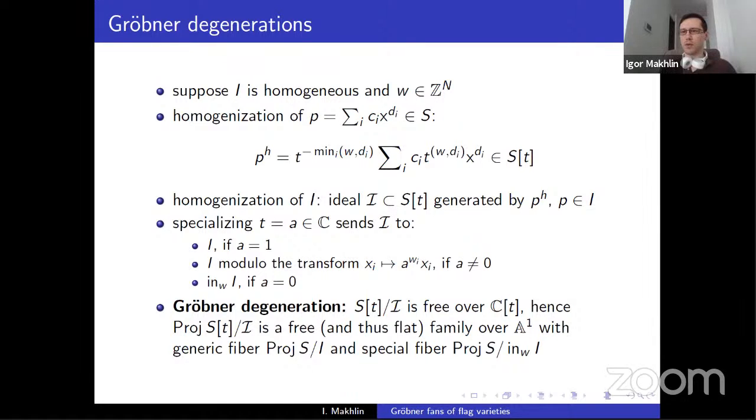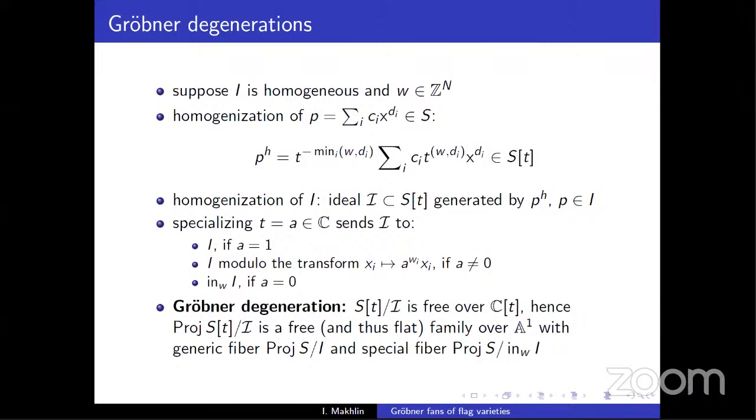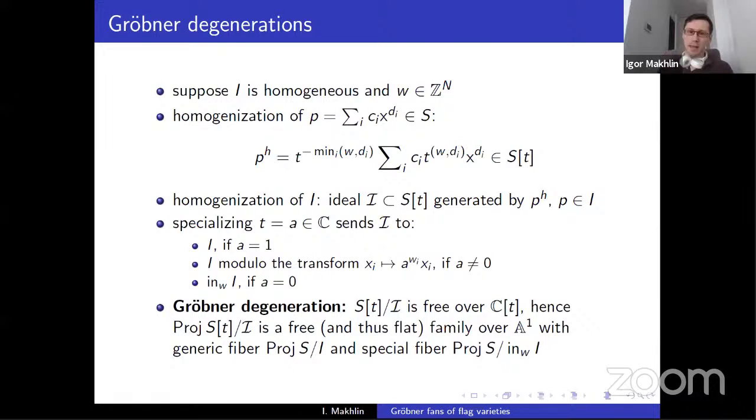Sure. I think what is true is that if you take the subspace linearly generated by the homogenizations of all polynomials, it does not generate S as a linear space, but it generates S as a C[t]-module. So you can multiply by powers of t, and then you will obtain the whole ring S[t]. Okay, thank you.